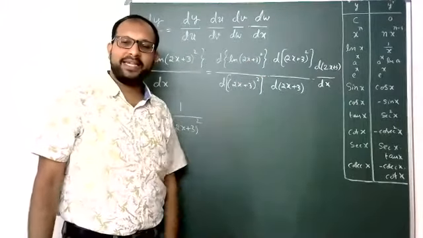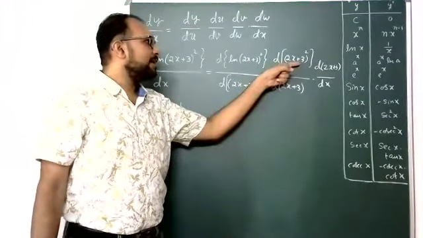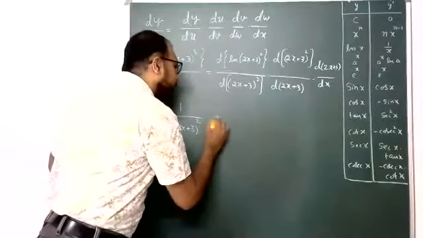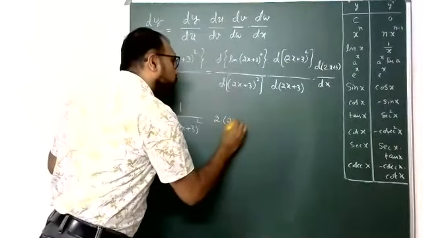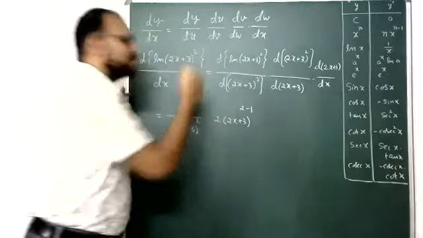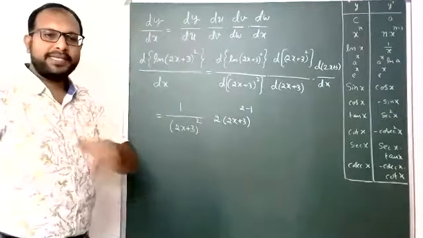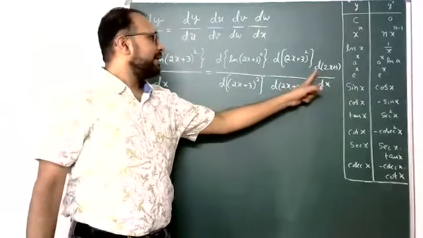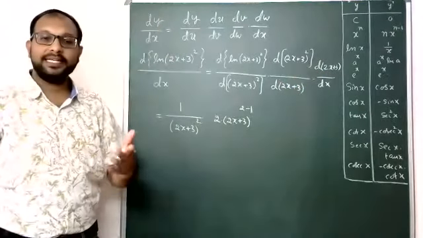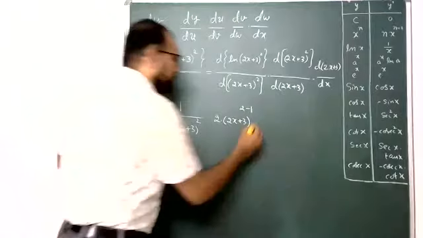This is now simple x to the power of n formula. Means 2 into (2x plus 3) to the power 2 minus 1, that is 1. Not completed, still their problem last: derivative of 2x plus 3 with respect to x. That is last is the 2.